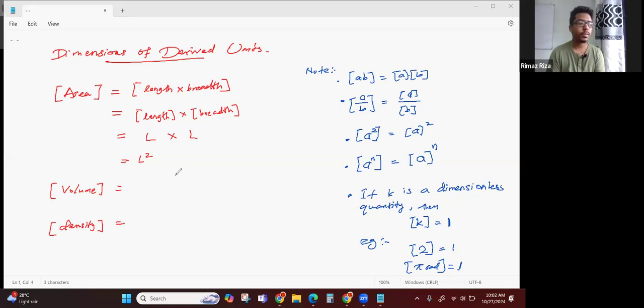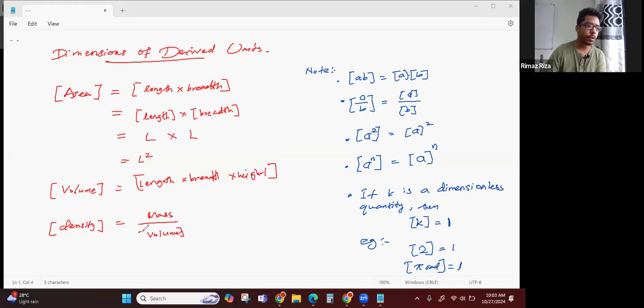And density is mass divided by volume. So density, you can take the dimension as mass divided by volume.